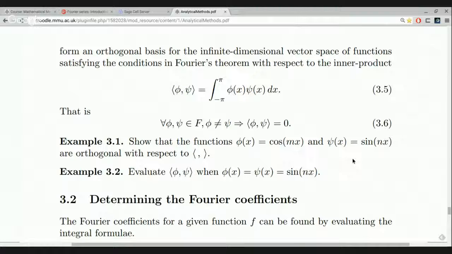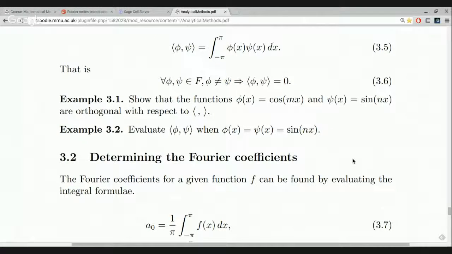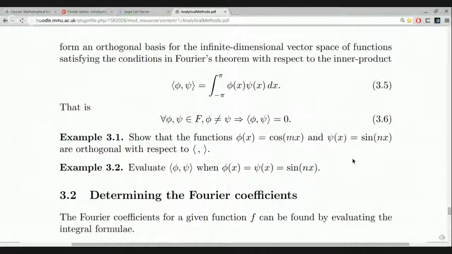Now there are some examples here, some initial examples and properties, and this is what we're going to work through next time. The first thing we're going to do is prove this property, or the various parts of it, that the basis functions are orthogonal with respect to this inner product. There's an example 3.1 here: show that if you take a cosine function and a sine function, they are orthogonal with respect to the inner product.